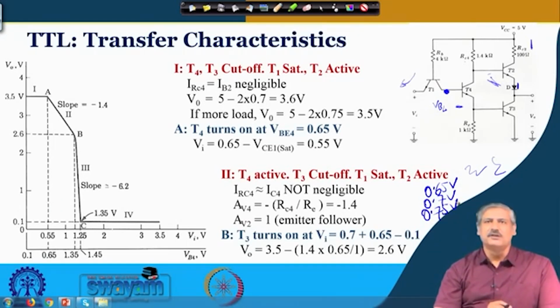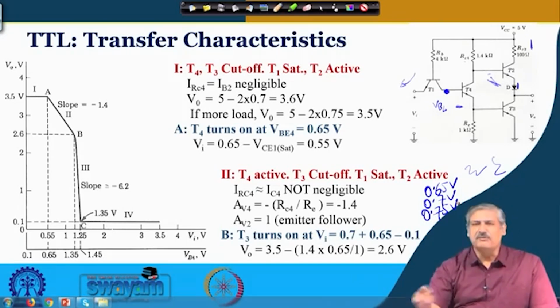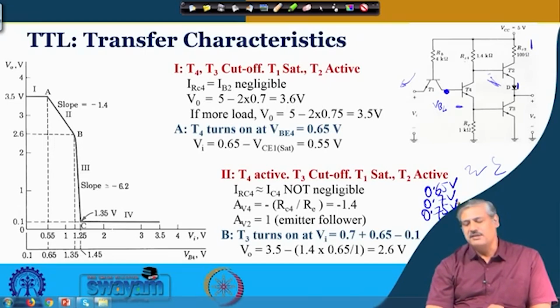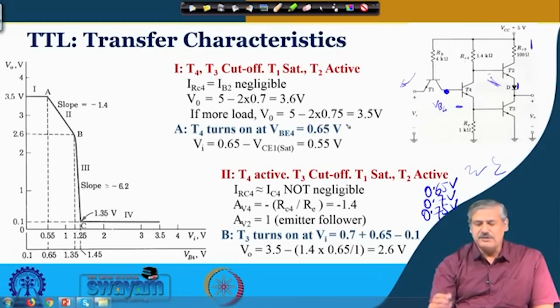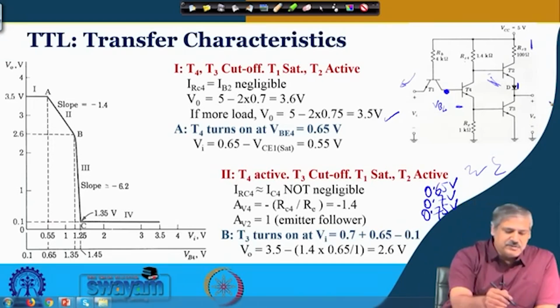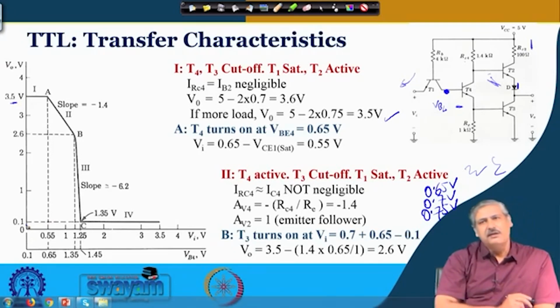This is how we look at the base emitter voltages for an approximate calculation of the transistor inverter characteristics. For that particular case, we have 5 minus 2 into 0.75, 3.5 volt available at the output when a load is connected and drawing a larger amount of current. So, accordingly, we find this point, 3.5 volt at 0 volt, in the transfer characteristic.